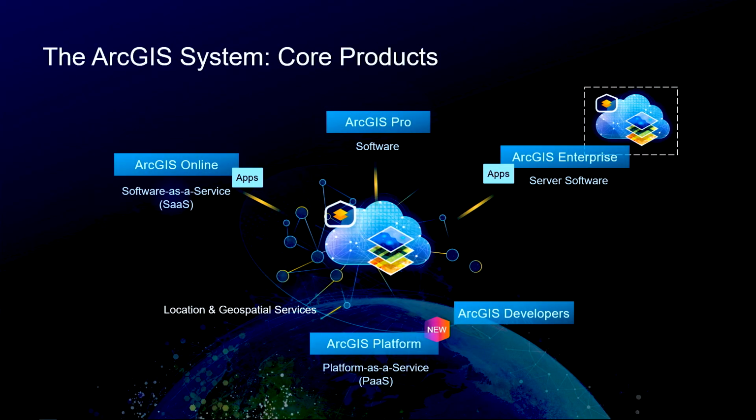The core of the ArcGIS system consists of products delivered as software, ArcGIS Pro and ArcGIS Enterprise, as SaaS, that's ArcGIS Online, and as PaaS, that's the new ArcGIS Platform together with ArcGIS developers. Both ArcGIS Enterprise and ArcGIS Online include a full complement of apps. Let's walk through each of these components of the ArcGIS system, starting with ArcGIS Pro.